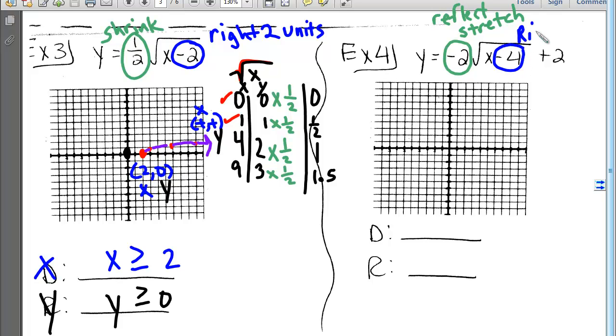Right 4 and up 2. Again, we want to write the original points for the parent function. My original parent function started on this point. What is my new point? To get that, I multiply by the number in front.